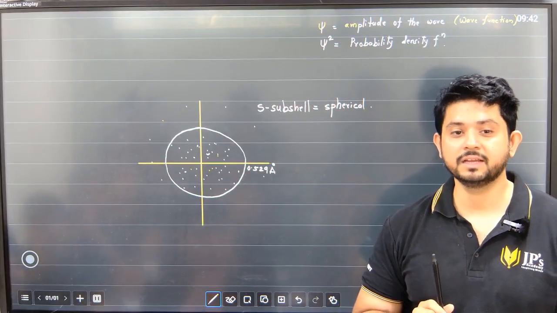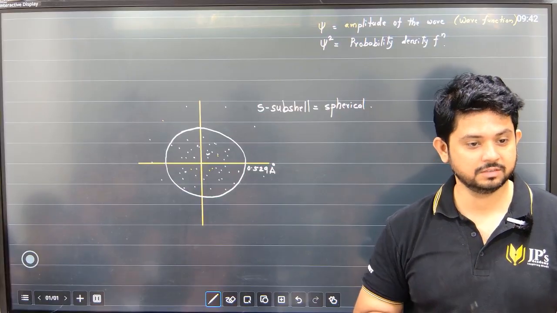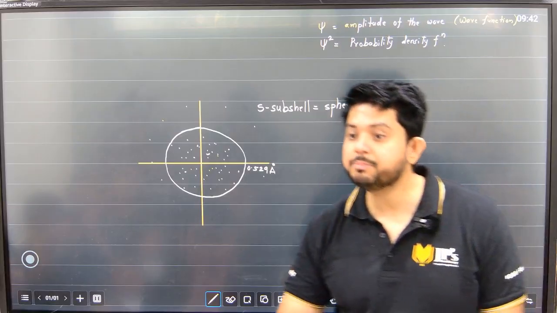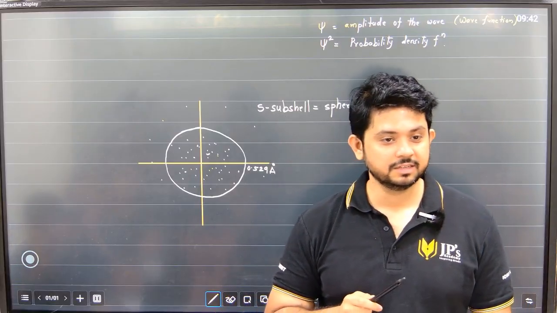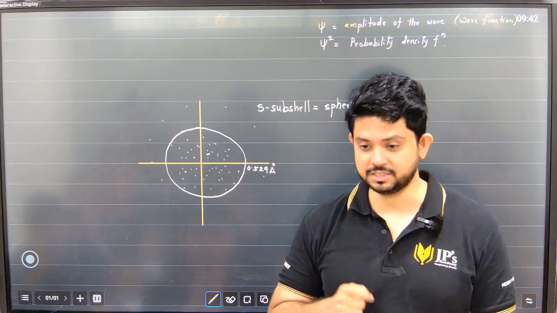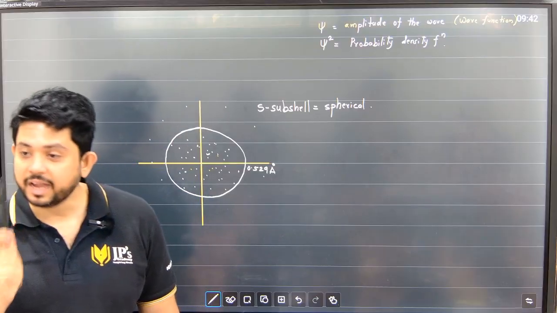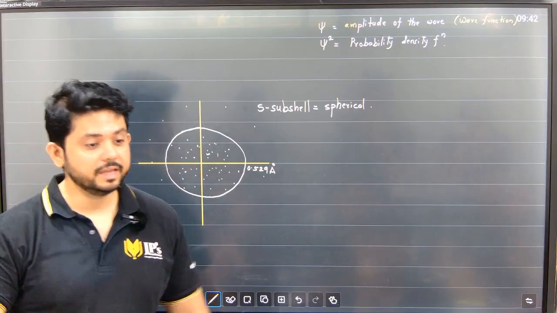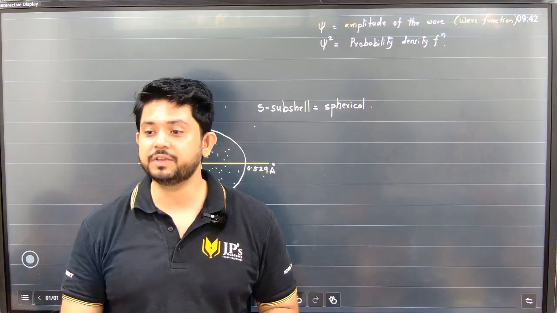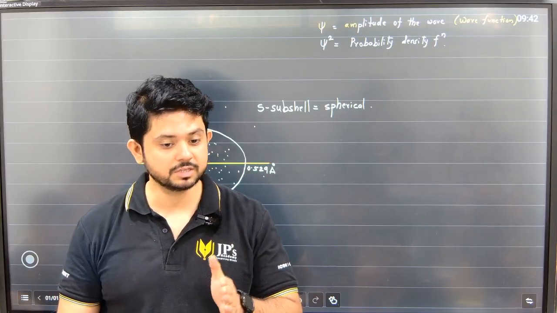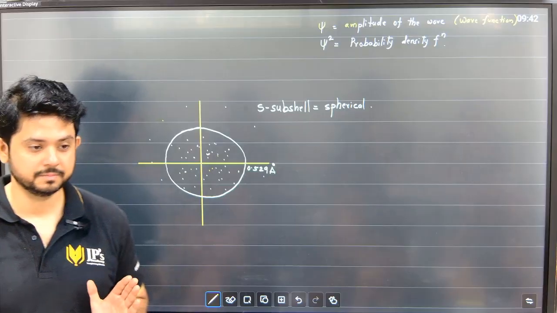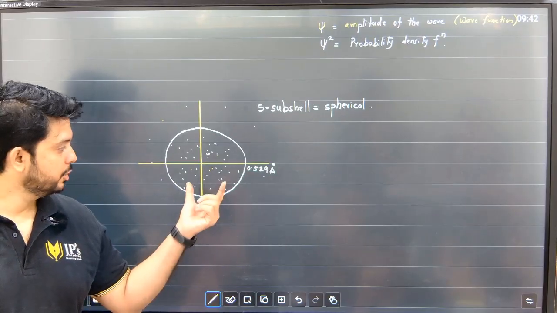Given by Bohr. Again, mathematically proved by Schrodinger's equation that Bohr was correct. His hydrogen atom के जो radius का formula derive किया था mathematically, that was correct. Did you people get that?